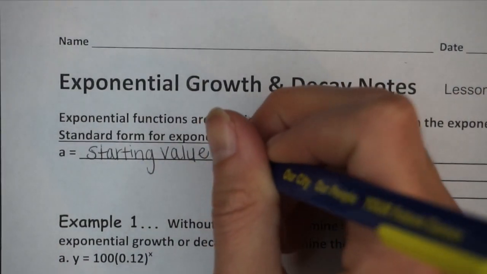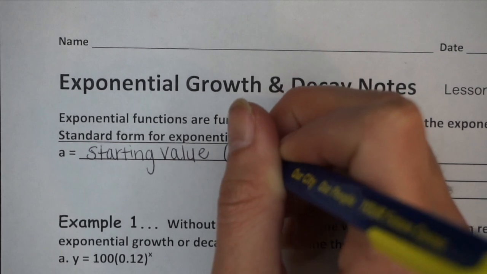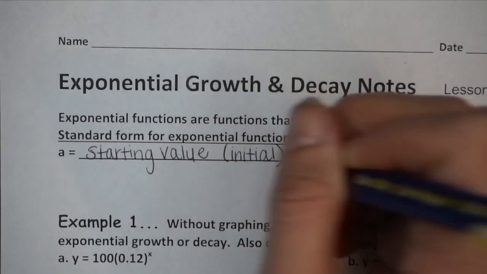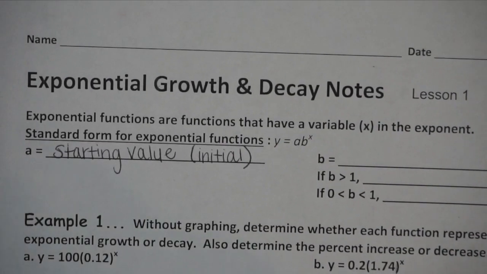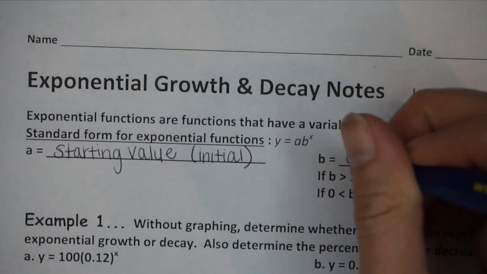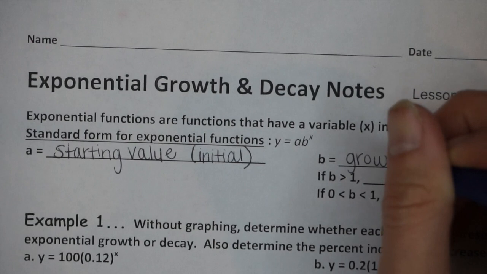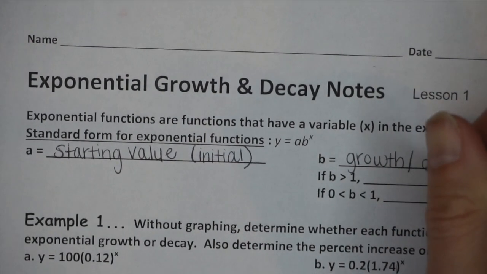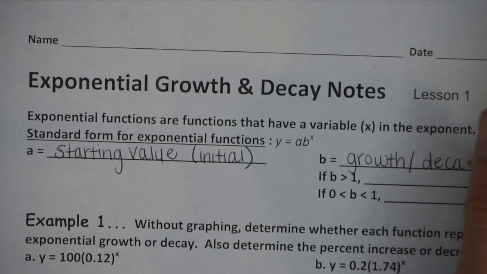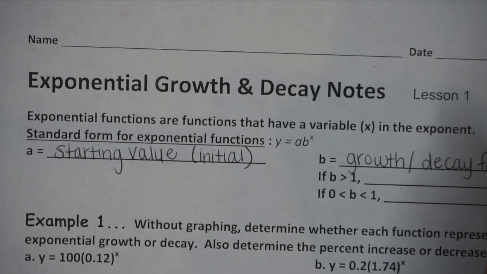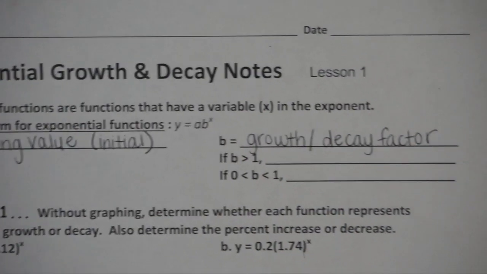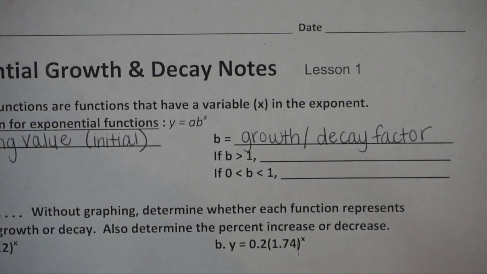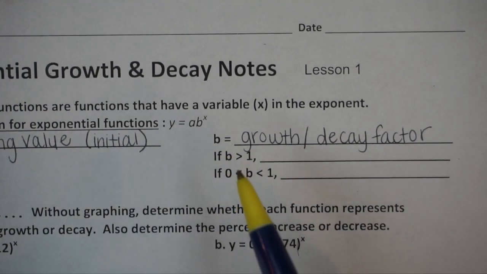You can also think of it as the initial value of something. b represents either the growth factor if it's growing, or the decay factor. It tells how much it is decreasing or increasing, and you'll be able to tell that by the value of b.